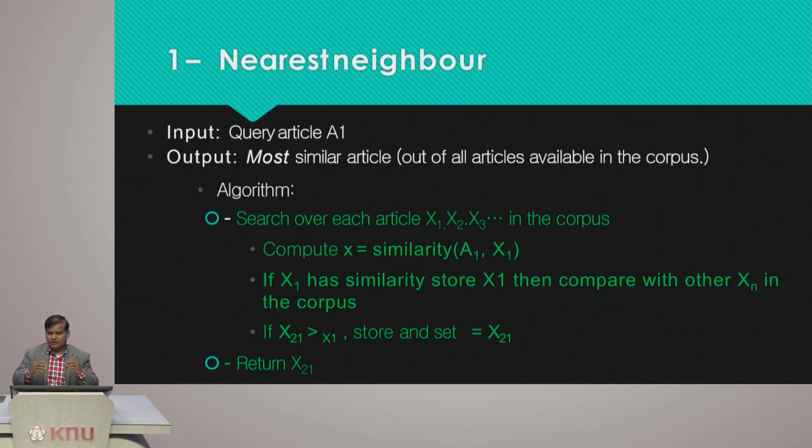Say this query article is A1, and you're the reader reading this article, and it talks about astrology, or space, say for example astronomy.